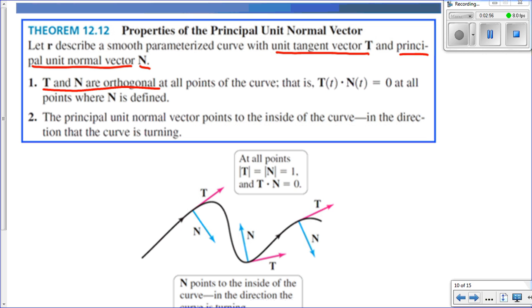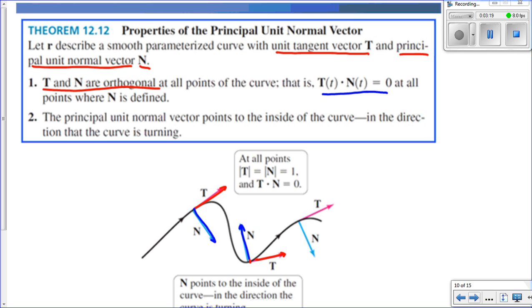If you are looking at the tangent vector here, the normal vector is going to be orthogonal to it. Or here's another example of a tangent vector. The normal vector is orthogonal to it. So T and N are always orthogonal at every point. That means if you took their dot product, it'll be 0, since that's true for any orthogonal vectors.